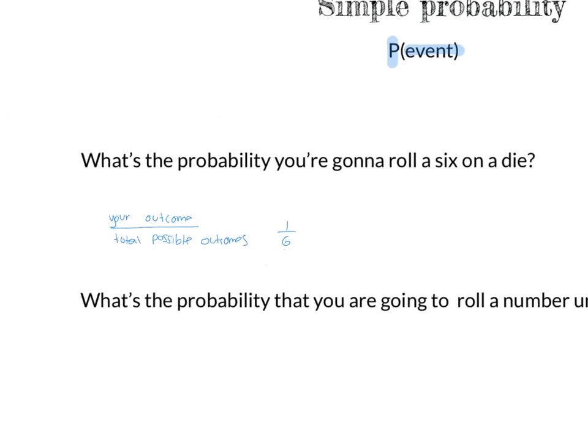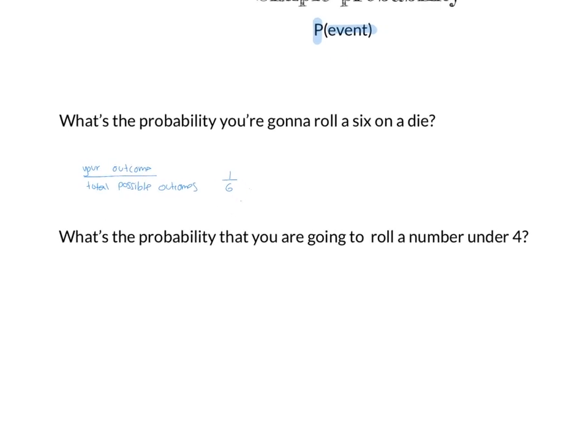That's your probability. Next, what's the probability you're going to roll a number under 4? When they're saying under 4, they mean 3, 2, and 1. 4 is not included.